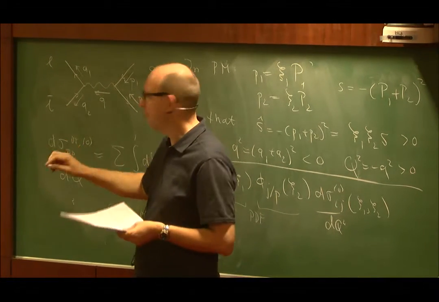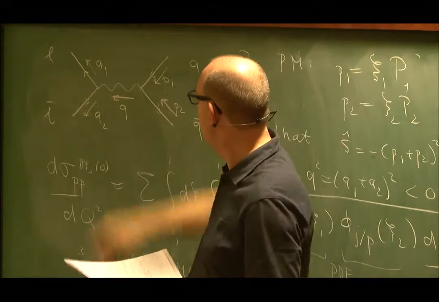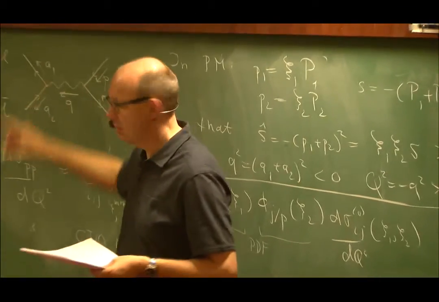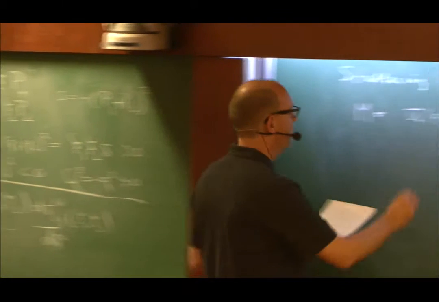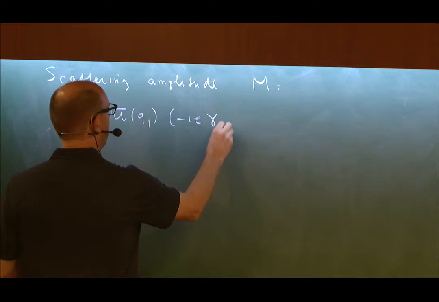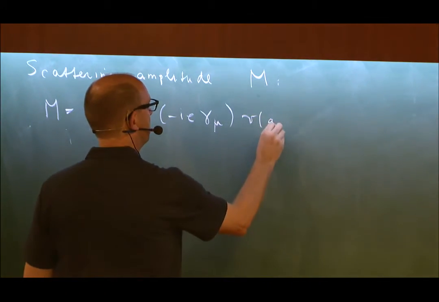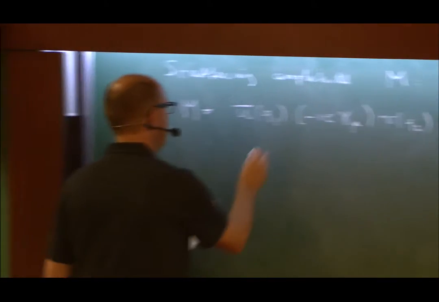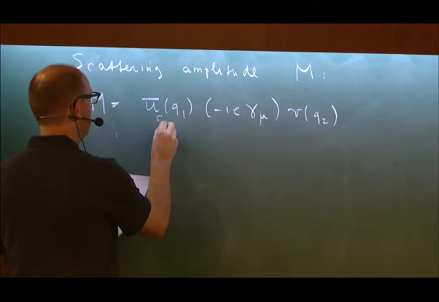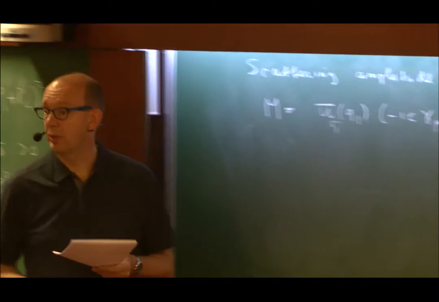That way you get a number. And so we start here with a ū, a row spinor of momentum Q1. Then we arrive here, and that is just minus i e γ^μ. And then we're already here, and that will be a v spinor, because it's an antifermion of momentum Q2. Of course, these all have spin labels too, and let me call them s1' and s2'. These are the spin labels.